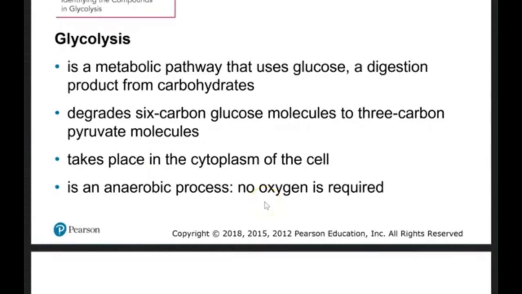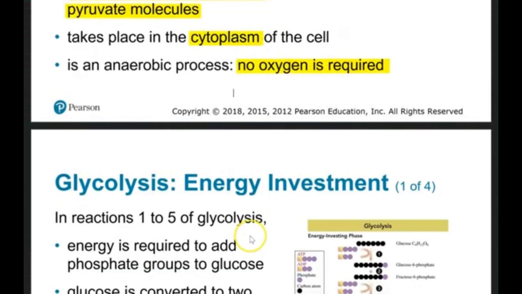So glycolysis uses glucose to degrade its 6-carbon skeleton into two 3-carbon pyruvate molecules. It occurs in the cytoplasm, and the process is anaerobic, i.e., it doesn't require oxygen.